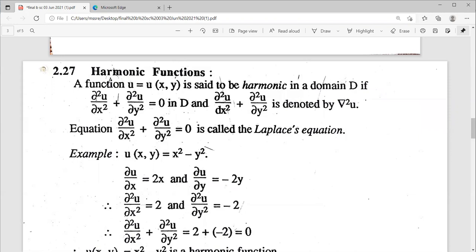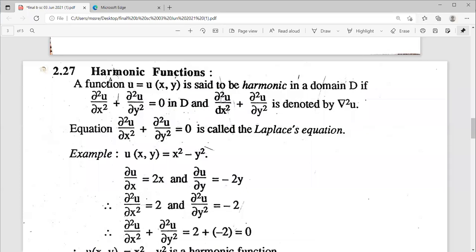Here, delta square u by delta x square is nothing but you have to differentiate u partially with respect to x twice, plus partial differentiation of u with respect to y twice. If you add those two and you get 0, then we say that the function u of xy is harmonic.